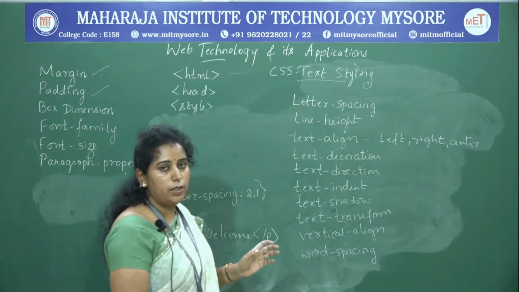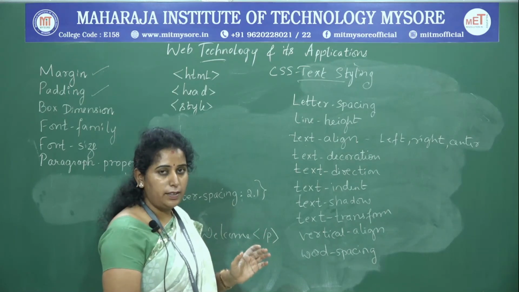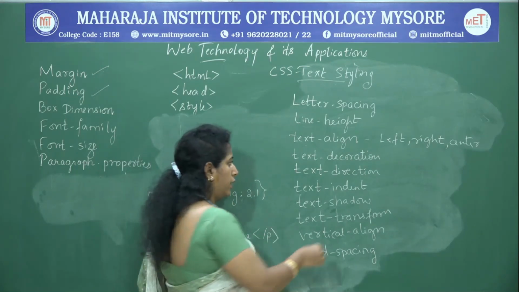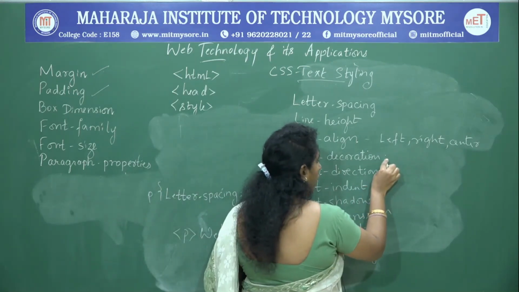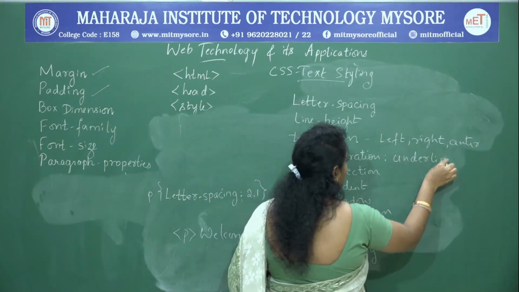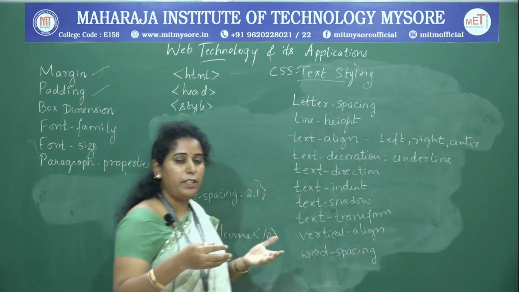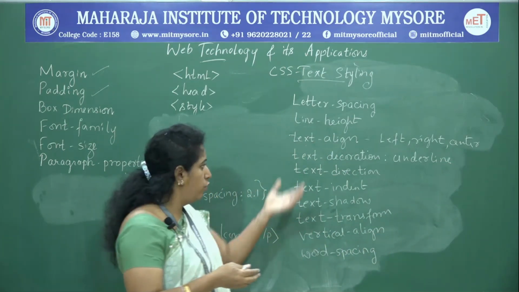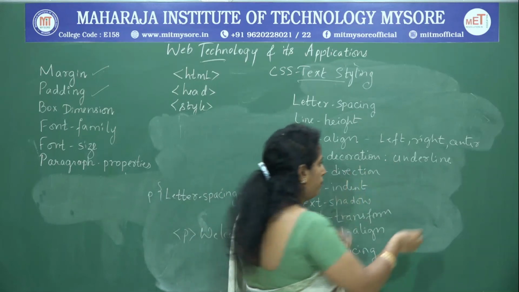Next is text decoration. Text decoration is used for decorating the text, and the value can be underline. When you use this property with this value, the particular text will be underlined.